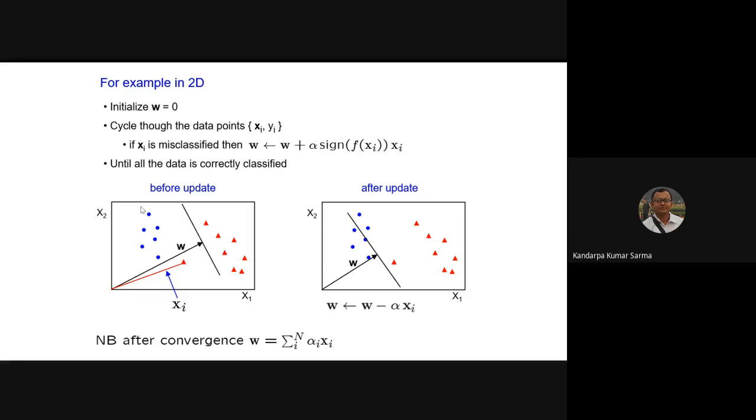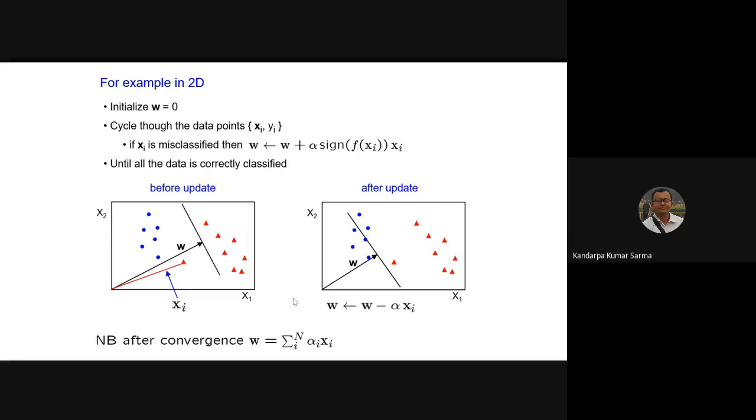Before we run the cycle, before we do the update, the depiction is something like this. The discrimination line is staggered close to the red region, with one of the red triangles remaining closer to the blue region.